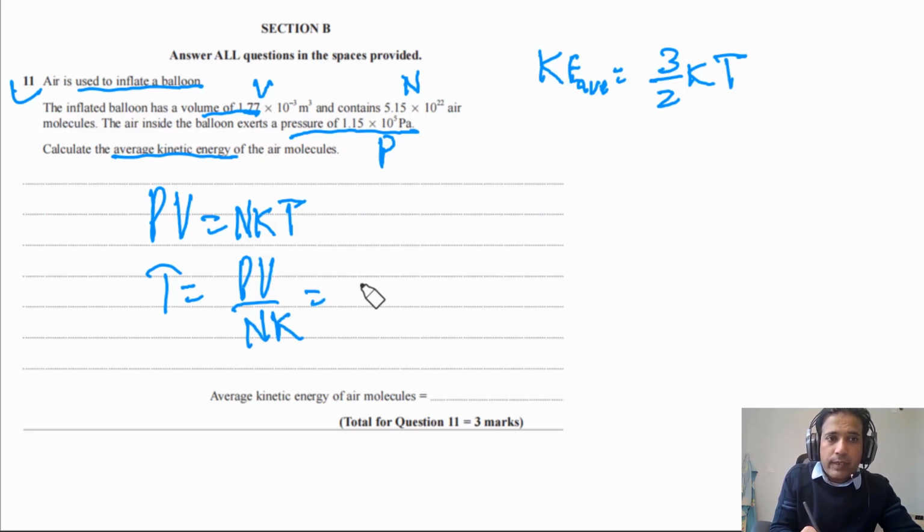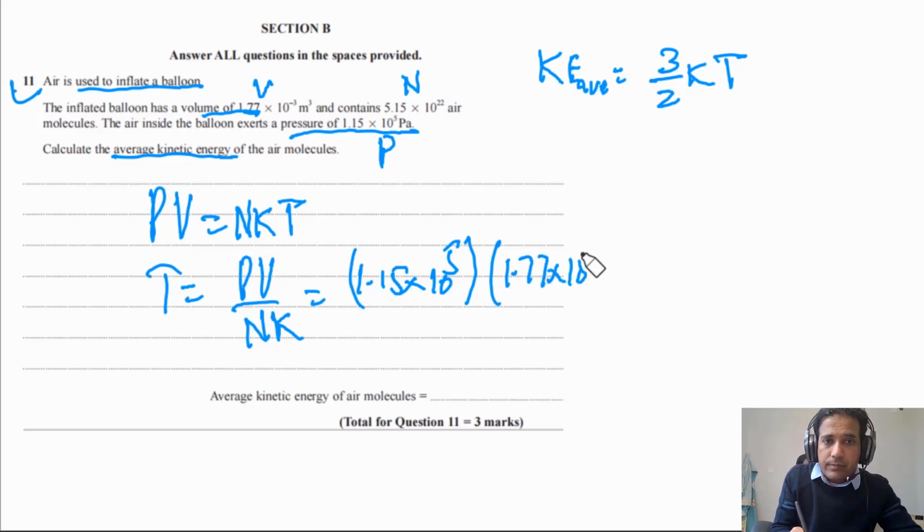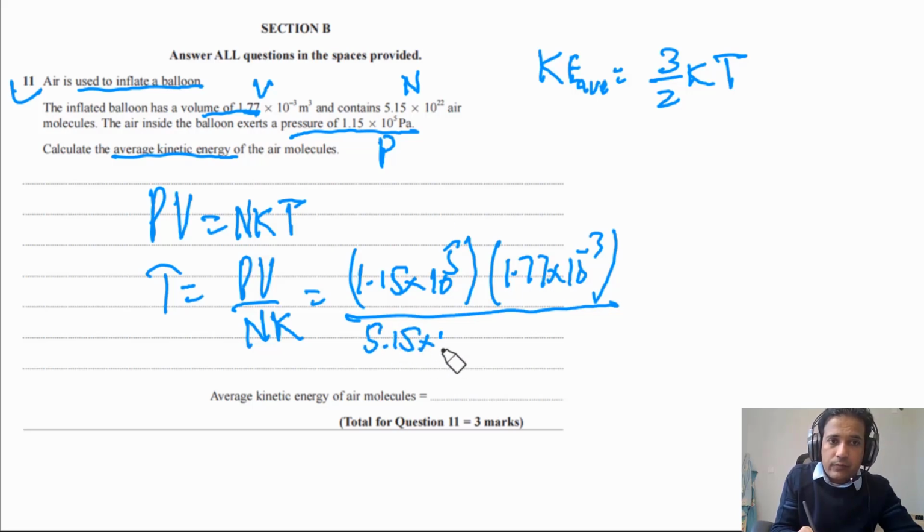The value of P we have in this case is 1.15 times 10 to the 5, the value of V is given to us, that is 1.77 times 10 to the minus 3, and the value of N is also given, that is 5.15 times 10 to the 22, and the value of k is a constant.